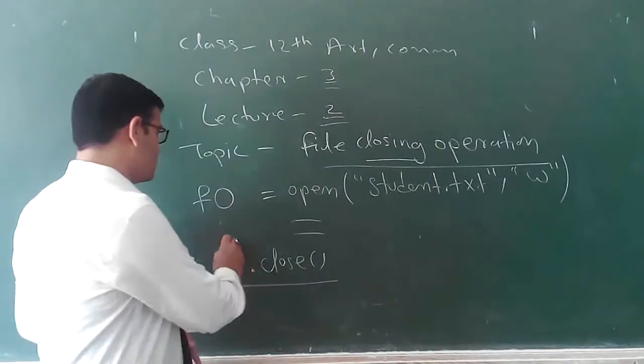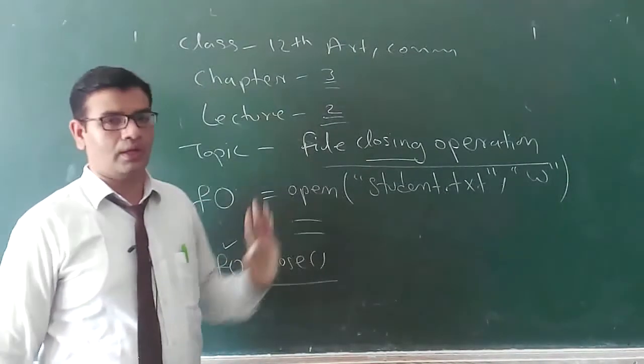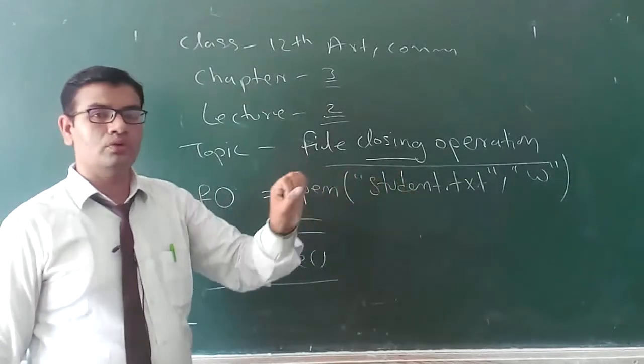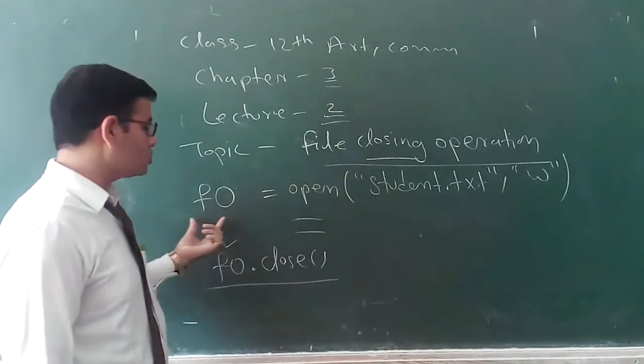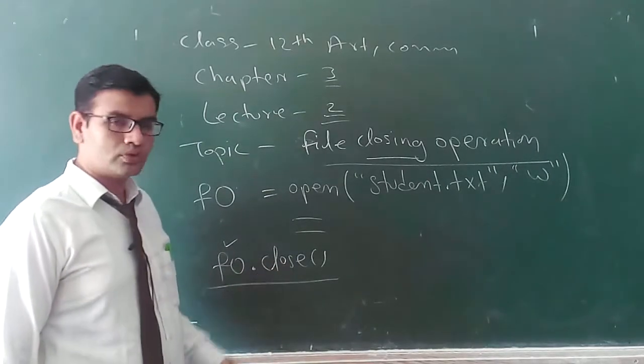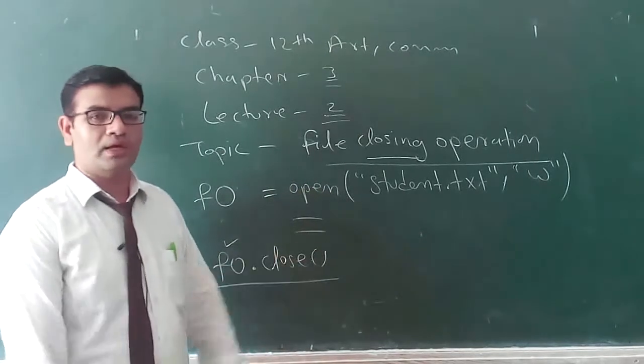fo.close. fo is the file object of the opened file, because all information about your opened file is provided to the file object. If we use the file object with the close function, then the opened file will automatically be closed by the interpreter.